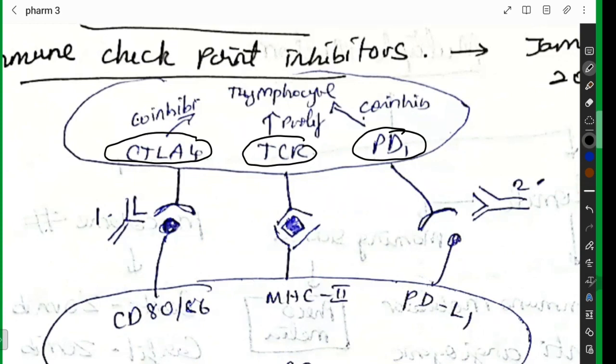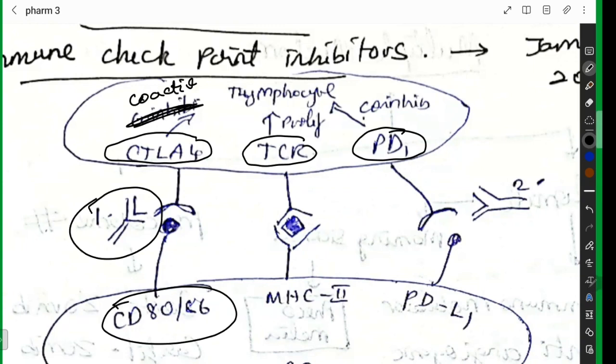It's not a co-inhibitor, it's going to be a co-activator. So this CD80/86 is also going to act by increasing the interleukin. Whenever there's an increase in the interleukin, what happens? They are going to bind with the CTLA4, and they are going to also activate your T cell proliferation.